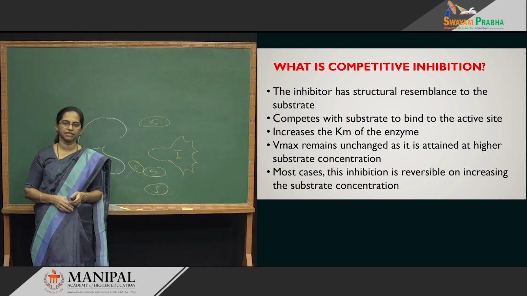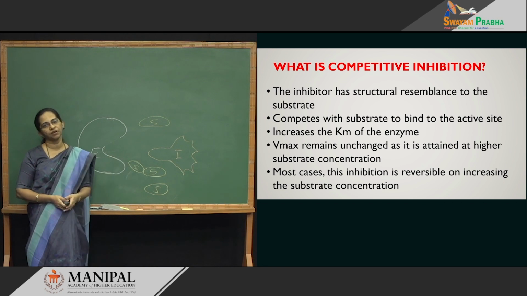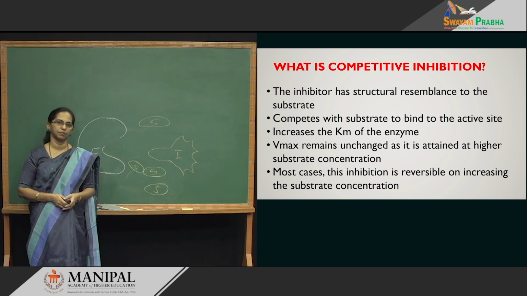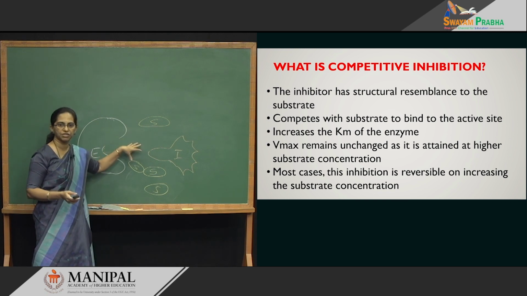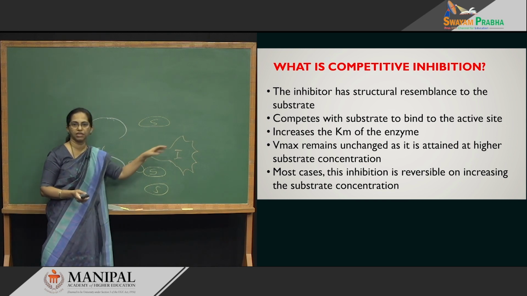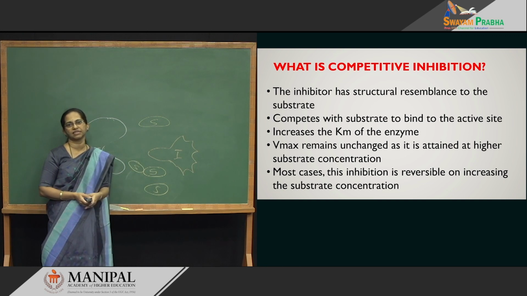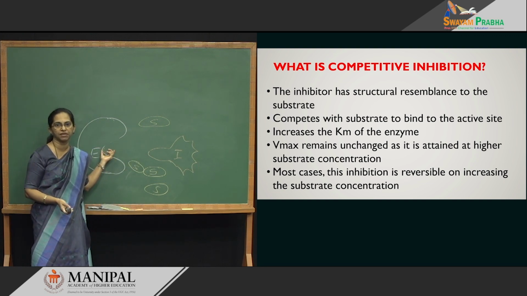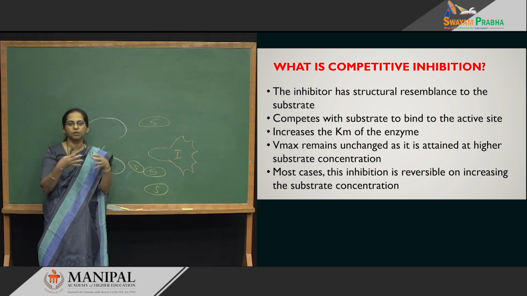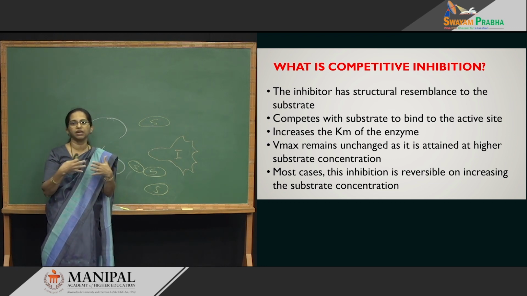And then in most cases, this is a type of reversible inhibition. How do you reverse inhibition? You go on adding more substrates, it will knock out all the inhibitors, and that is why it is said to be reversible. It was not a permanent attachment of inhibitor. E and I was not a permanent bonding, it was only temporary.